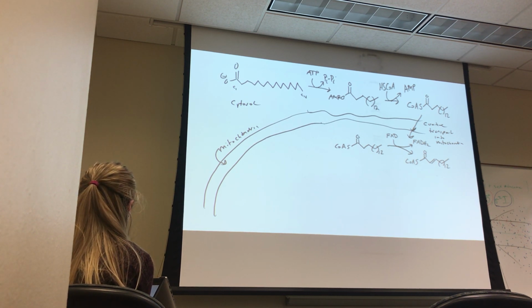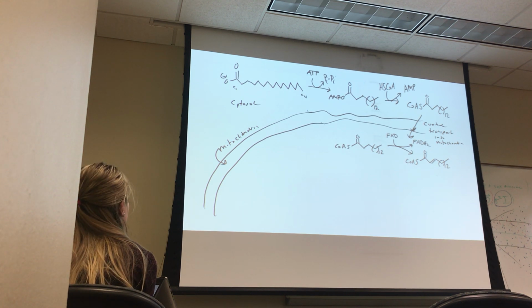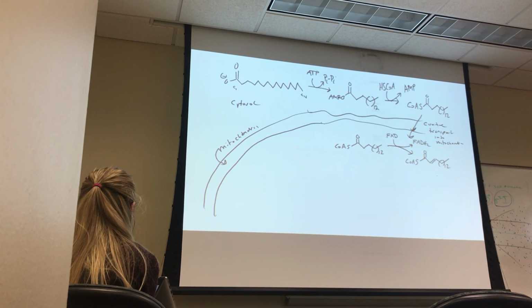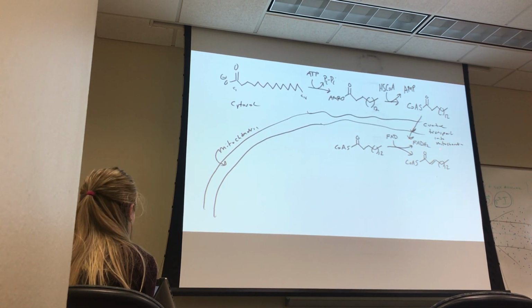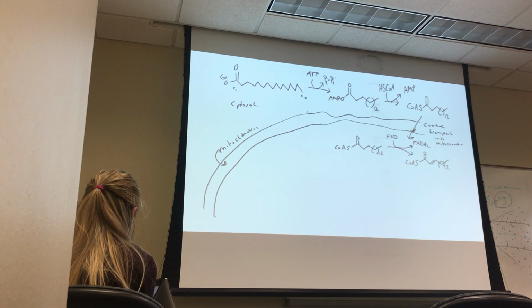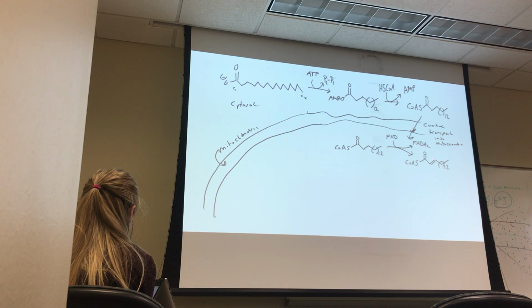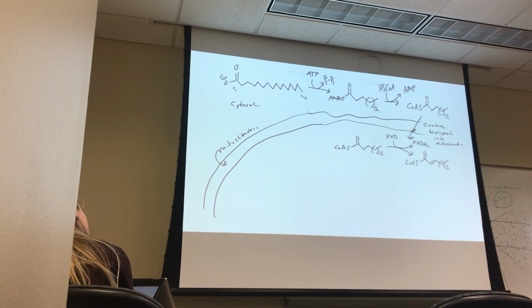Okay. The next step is, so we've oxidized this partially, we've stolen electrons away from it. And this can be shuttled to the electron transport chain. Remember that? There's a mediation process and it can be transferred into the electron transport chain. Now we can actually oxidize this further.